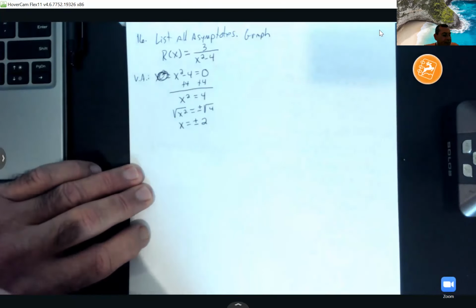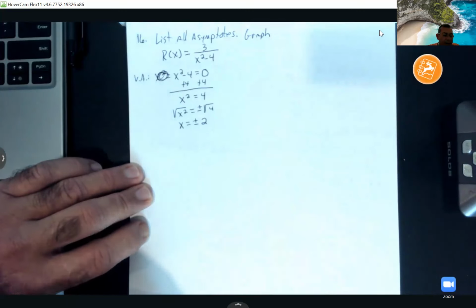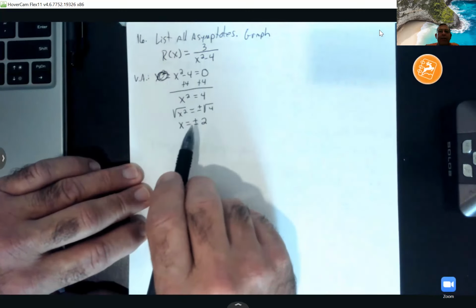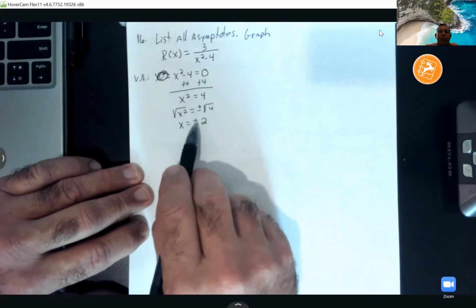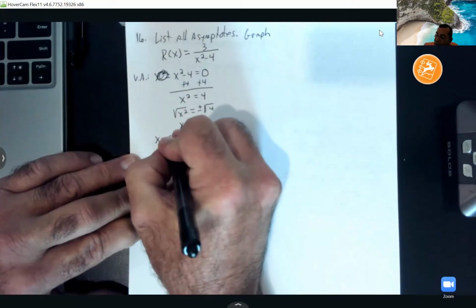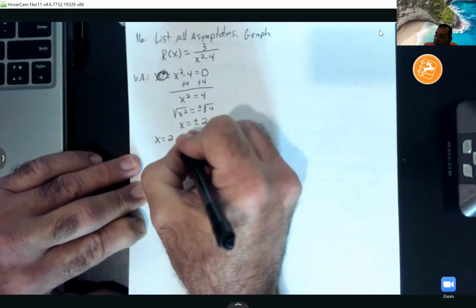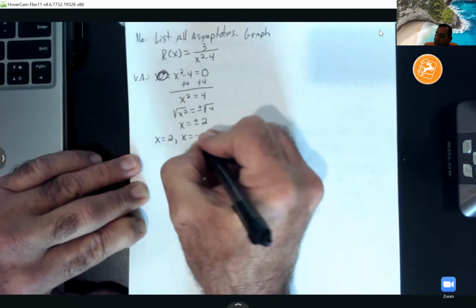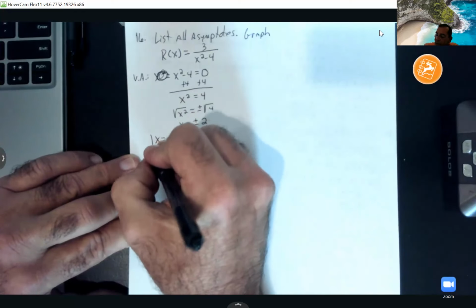Now, MyMathLab's a little picky on this one. So on this one, for 16, you actually can't use the plus or minus. On 16, you got to put x equals 2, comma, x equals negative 2.